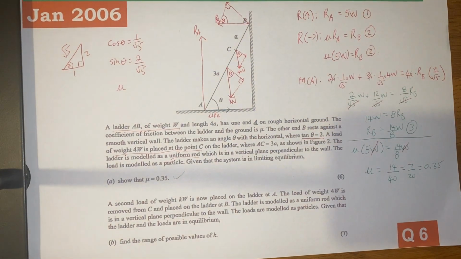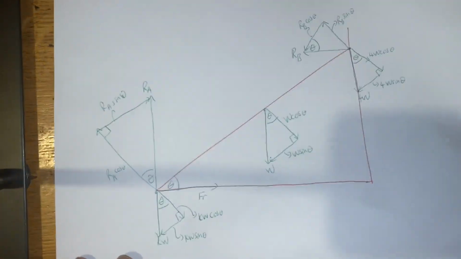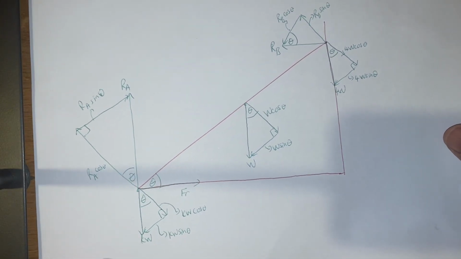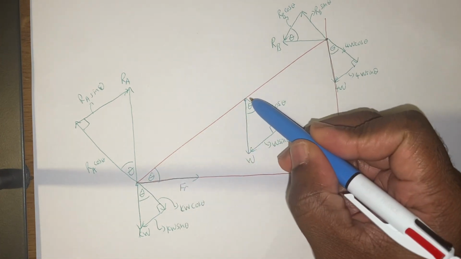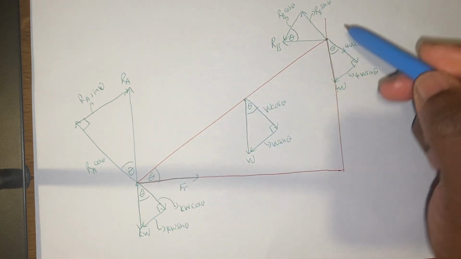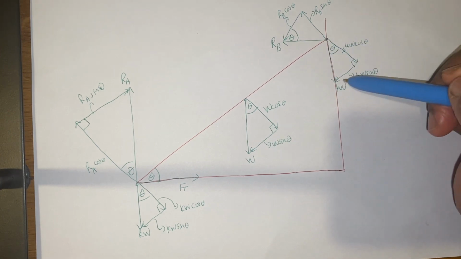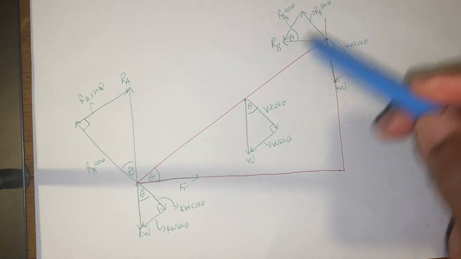So I've done that adjustment previously. The weight remains here, the weight of the ladder, and then of course the 4W moves here. What I've done is I've resolved that right here, and I've also resolved RB here.